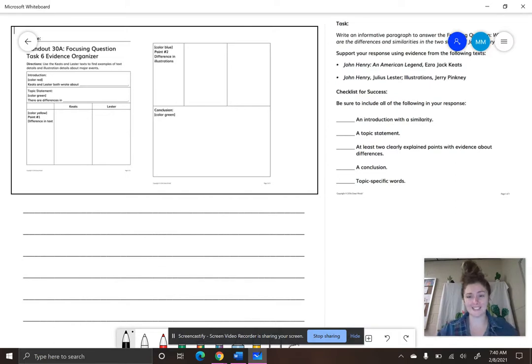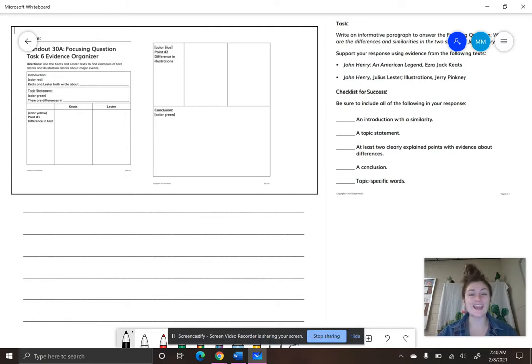So, with our writing today, we have a checklist for success. We have some goals that we need to make sure that we have in our writing. We need to make sure that we have an introduction with a similarity. We need to make sure we have a topic statement. We need to make sure that we have two clearly explained points with evidence about those differences.